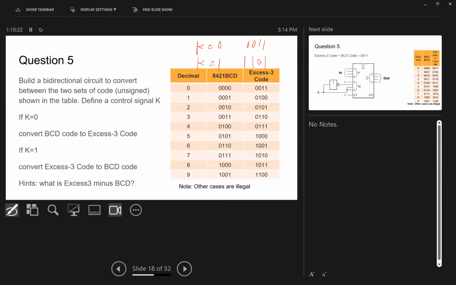But how about k equal to 1? If we use the operand 1101, can we get the correct result? Let's do an example.